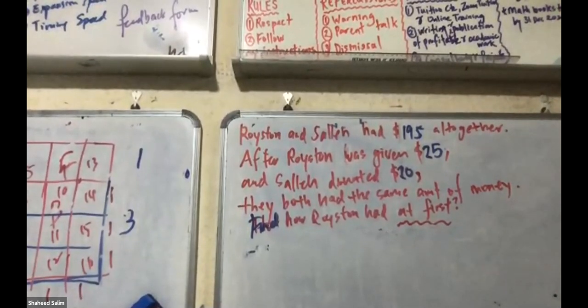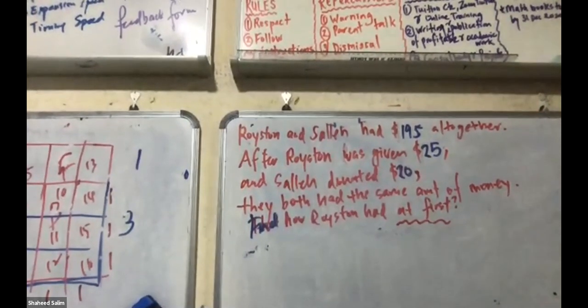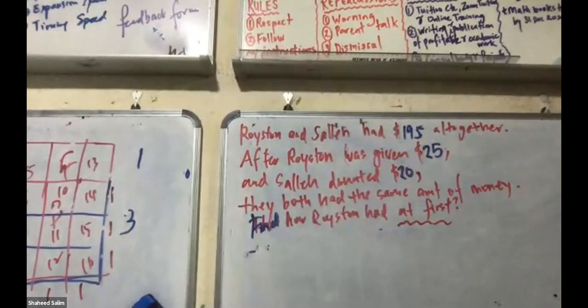Shafika can get 75? What's the final answer? 75.